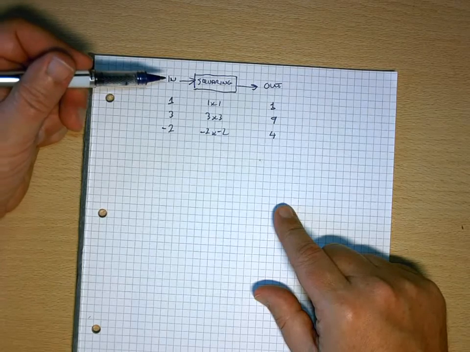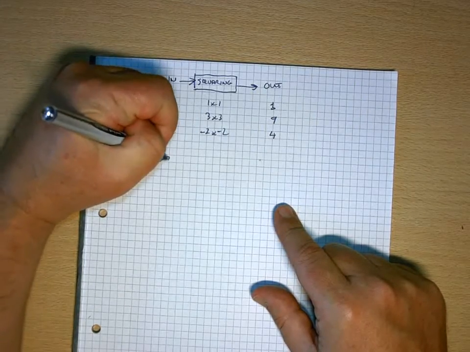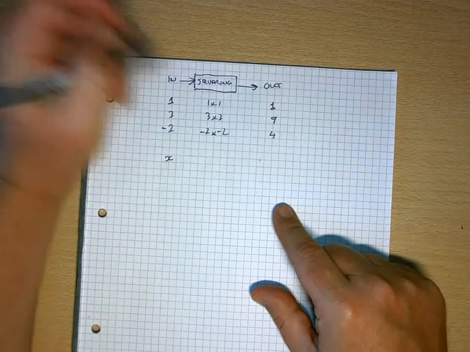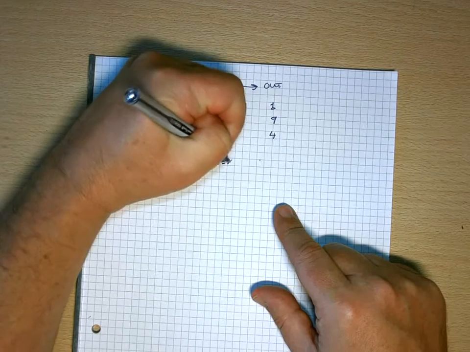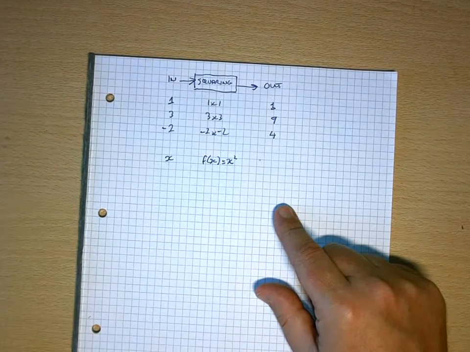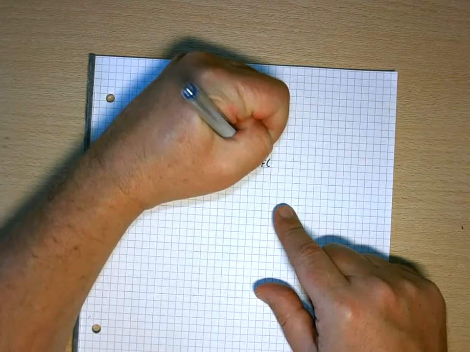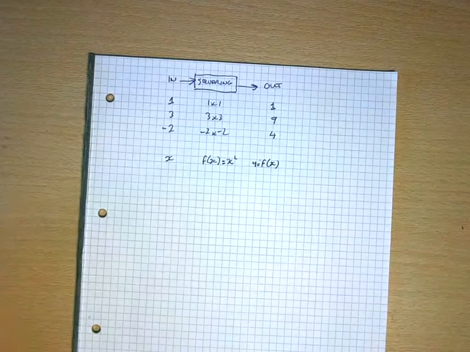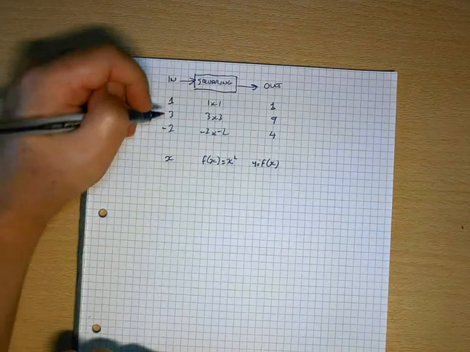Now, the way that we would write that as a function rather than as a number machine would be that the input would be x, the number machine would be written like that, some function of x, f(x) equals x squared, and what comes out will be y equals f(x).